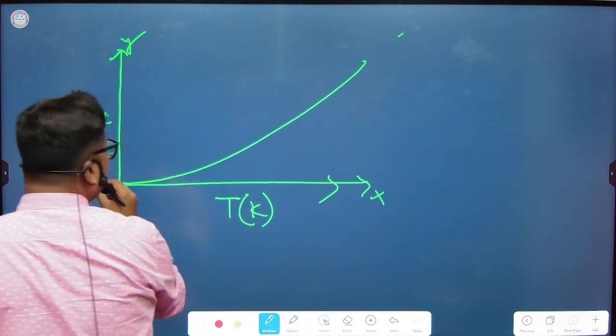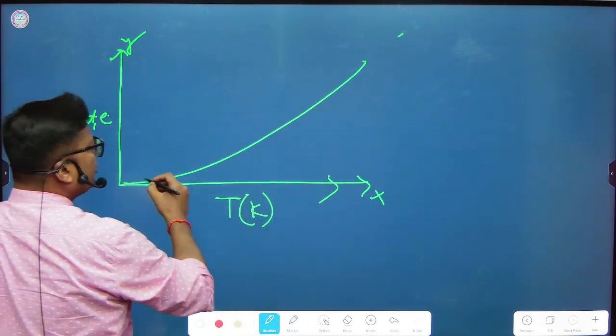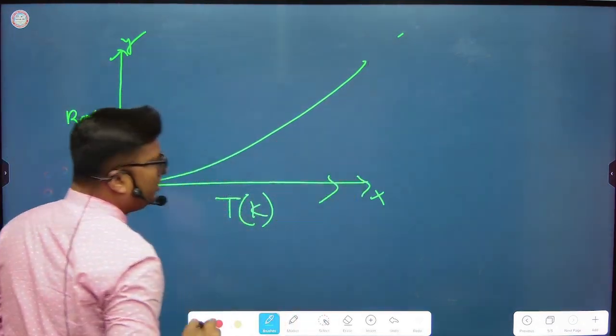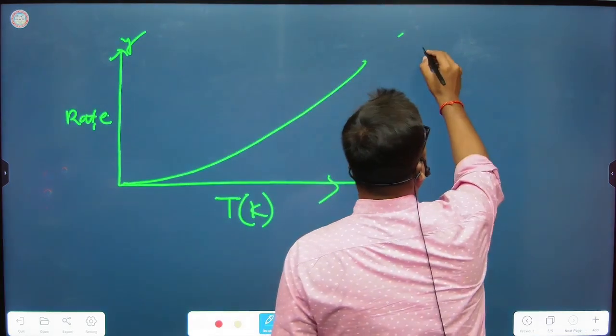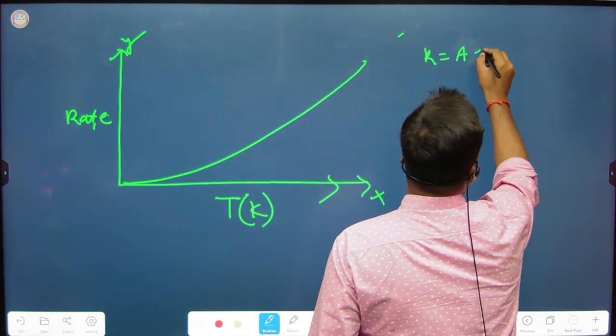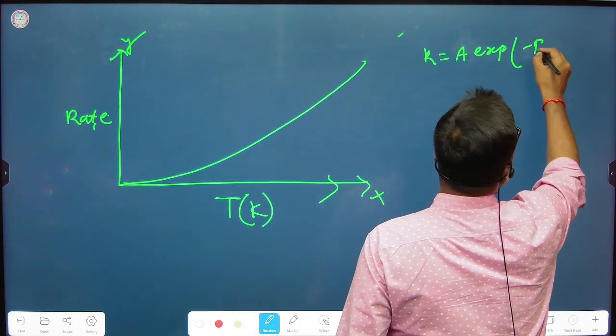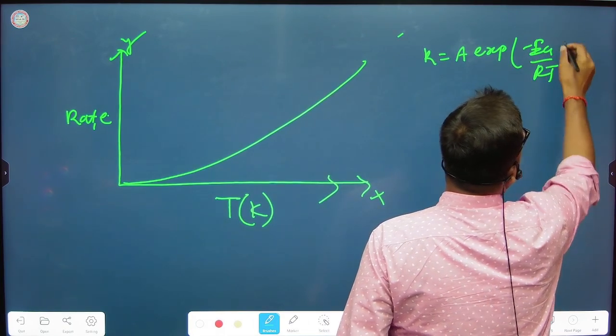So if you increase the temperature, the rate constant increases exponentially. But here the rate constant has exponential minus EA upon RT.